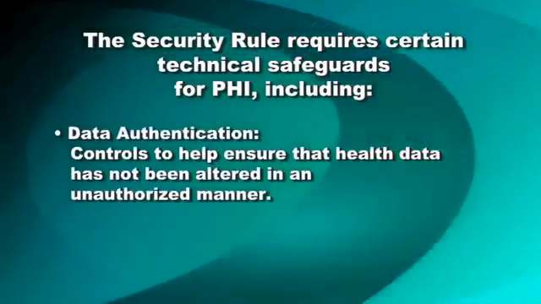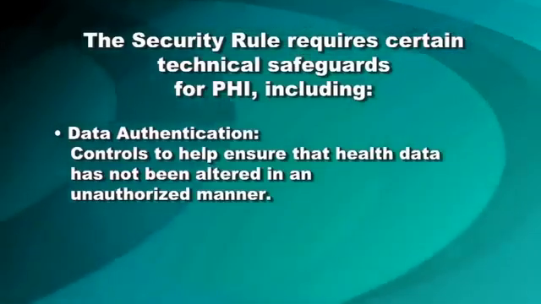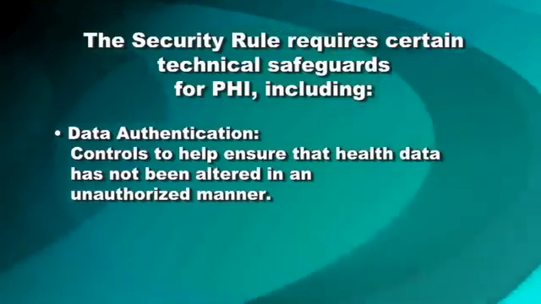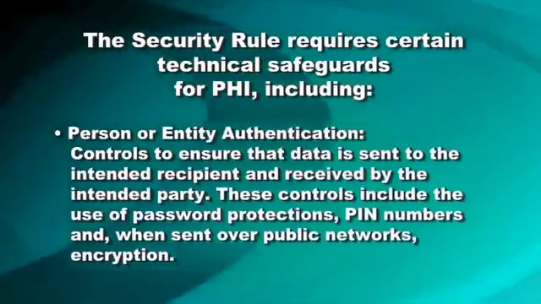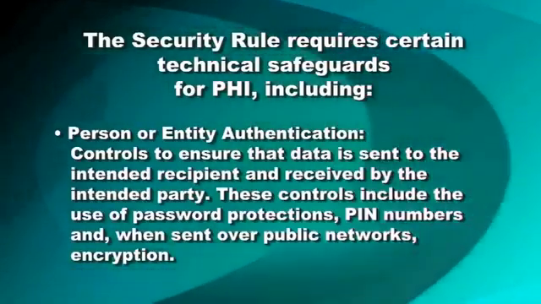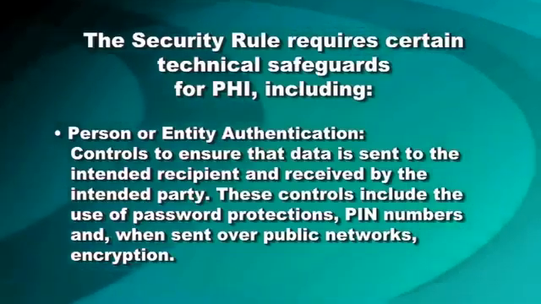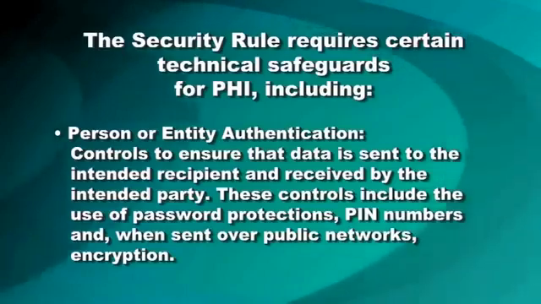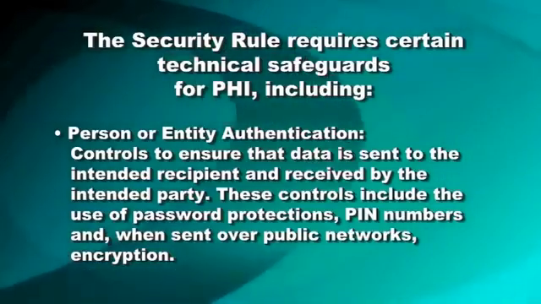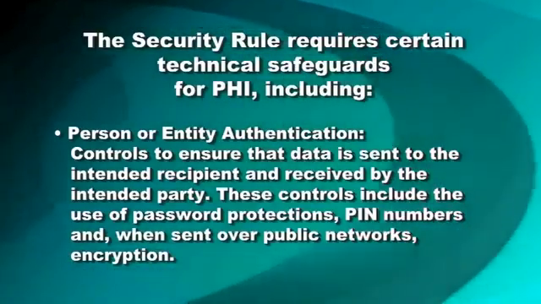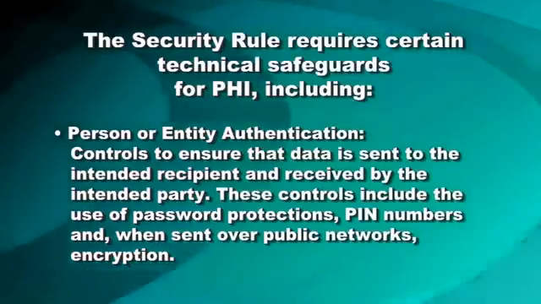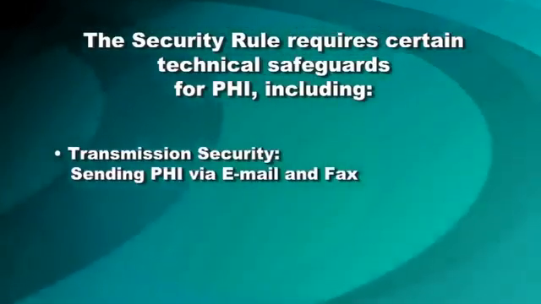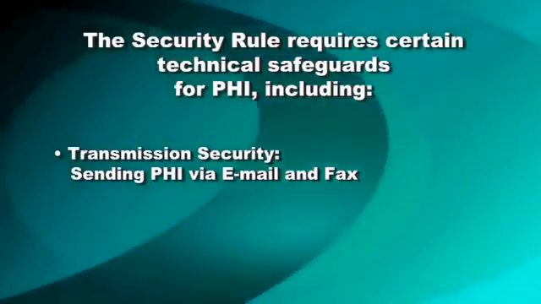Data authentication: controls to help ensure that health data has not been altered in an unauthorized manner. Person or entity authentication: controls to ensure that data is sent to the intended recipient and received by the intended party. These controls include the use of password protections, PIN numbers, and when sent over public networks, encryption, and transmission security.